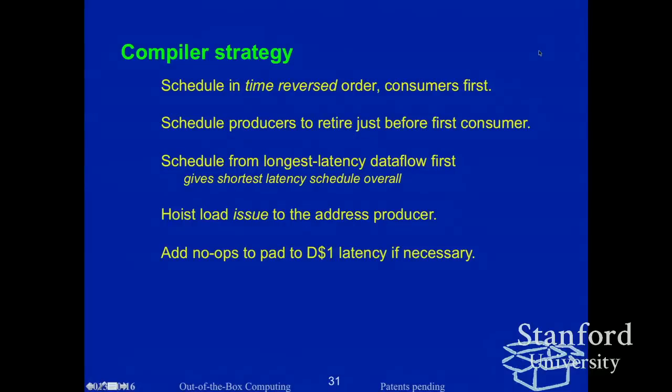If it turns out that there are fewer than the minimum number of cycles in between the load issue and the load retire, you may have to add a few no-ops. And when you've got that, you figure out how many cycles there are in between the load and its retire, and that's the delay that you put in the corresponding load operation. This algorithm is straightforward, it's quasi-linear, and is real easy in the compiler.